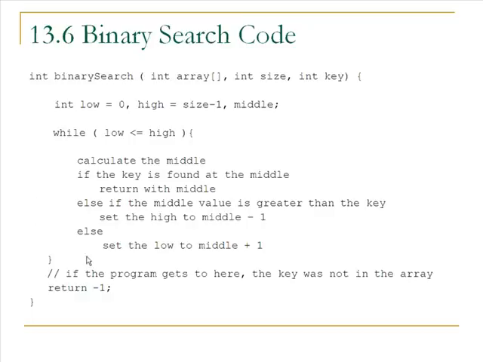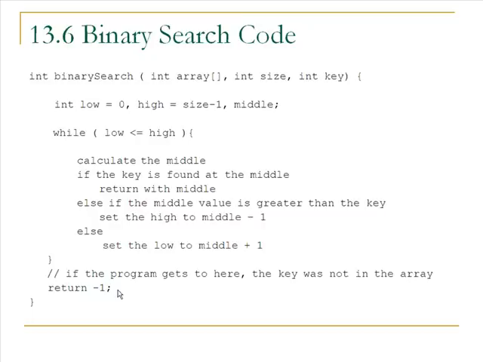So this is the part of the algorithm that cuts the search space in half. Depending on what we found in the array, we're going to move the high or the low into the current middle. And if we don't ever return with the location where we found the key value, then we can conclude that we did not find what we were looking for in the array, and we will return -1.